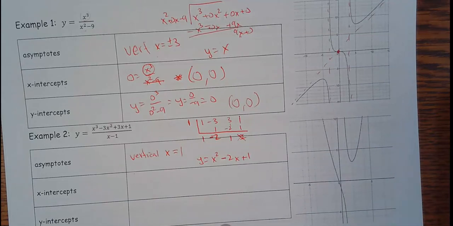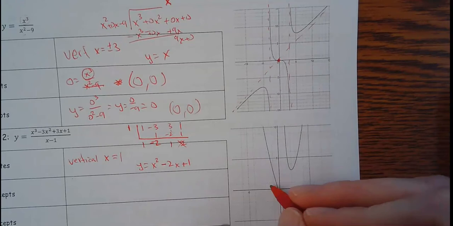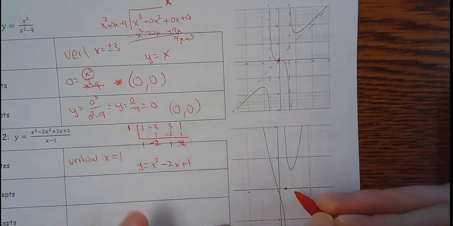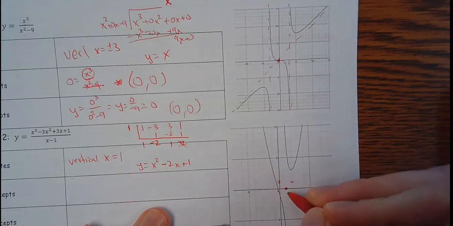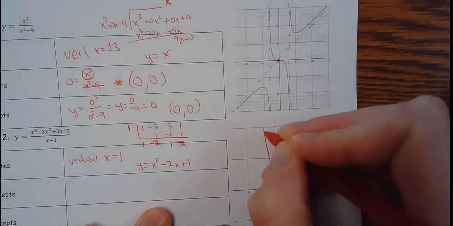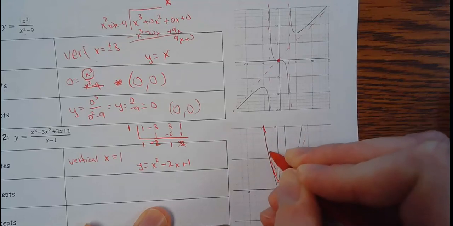And that guy there, if you graph it, it crosses about right here. And if I plug in 0, it's going to mirror. So it's going to kind of follow this. I should make this a dotted line. That's a dotted line.